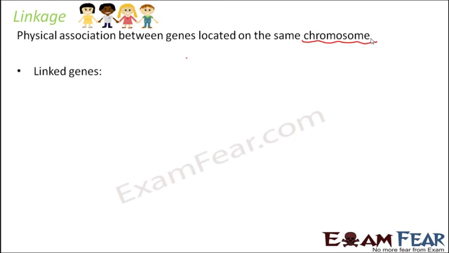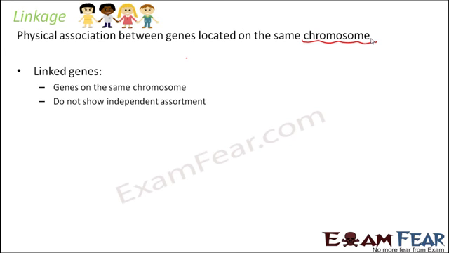So based on this linkage, we can have two types of genes. One is linked genes and the other one is unlinked genes. So linked genes are those which are present on the same chromosome and they do not show independent assortment. Now when I say independent assortment, that means, like I was giving you examples before, right? Mendelian principle of independent assortment. If we consider two traits, for example, in Mendel's dihybrid cross, he considered two traits.